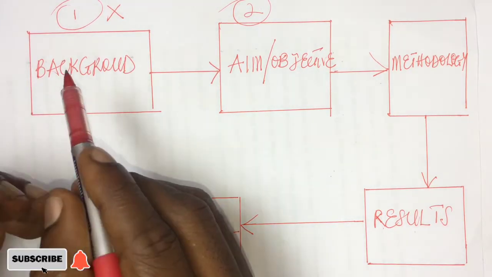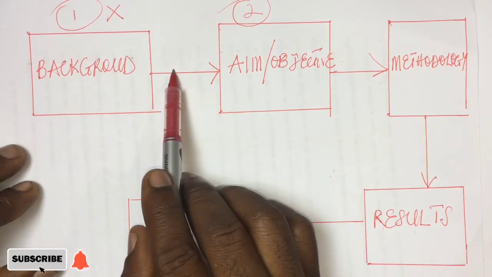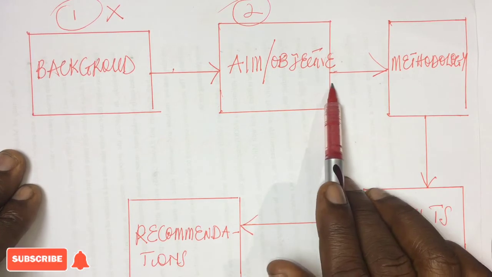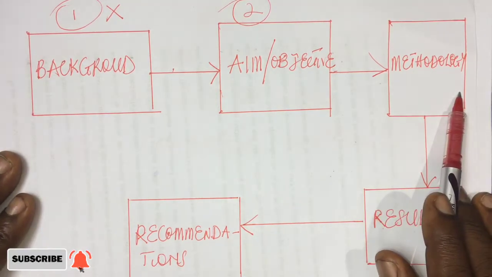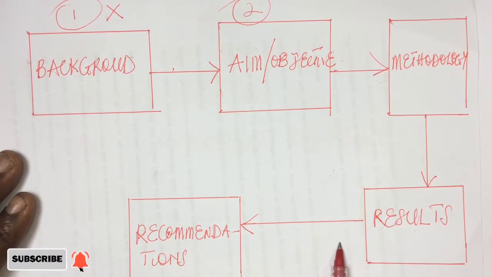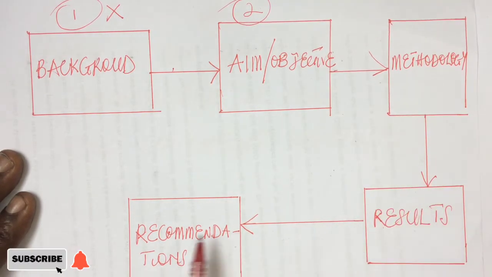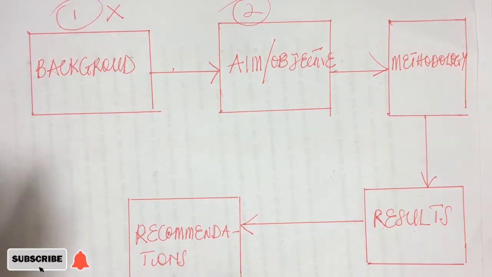So, an abstract should contain the background, the aim or objectives of the work, information on the methodology, information on the results you obtained from implementing the methodology, and it should summarize itself by giving us recommendations that were made.